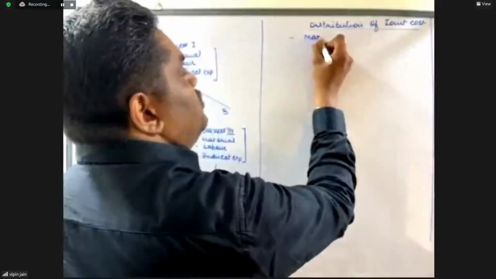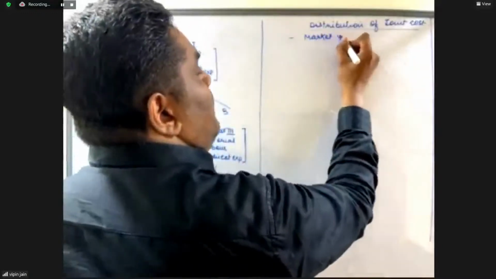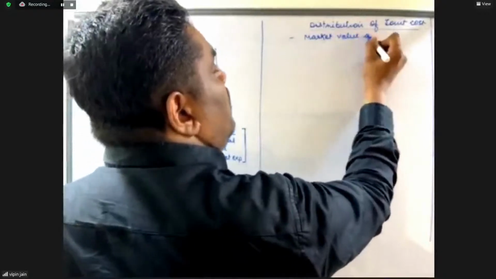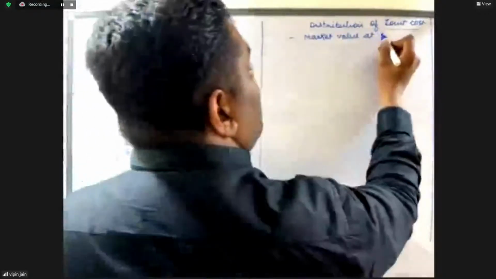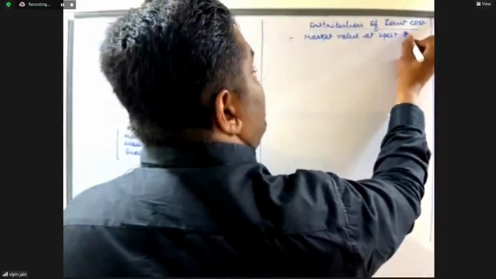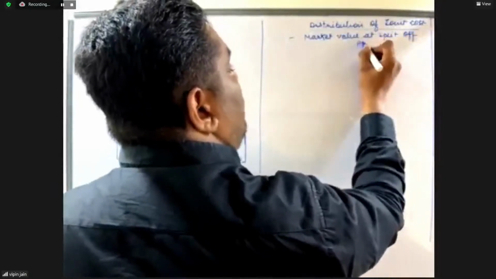So, the best approach to distribute the joint cost is what? Market value at split-off point.